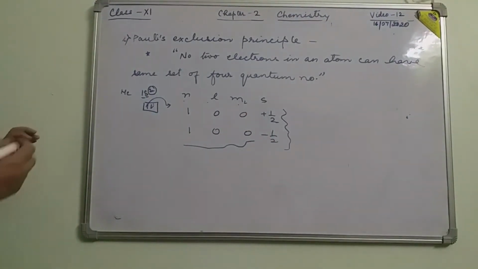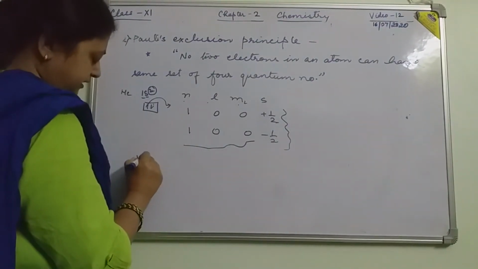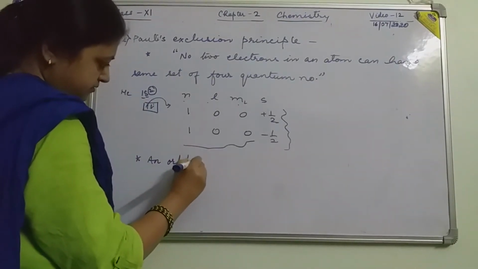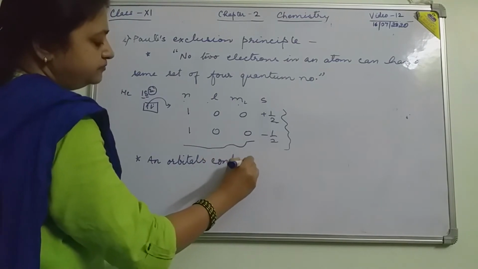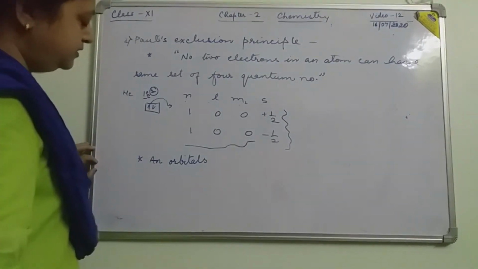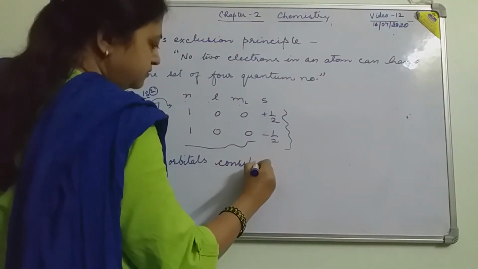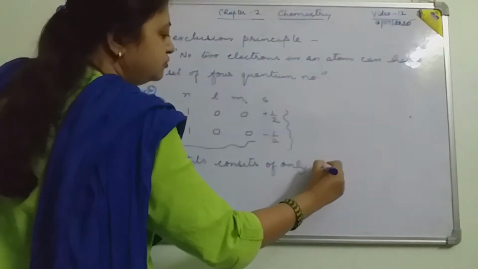So according to Pauli's exclusion principle, the second thing is an orbital consists of only 2 electrons.